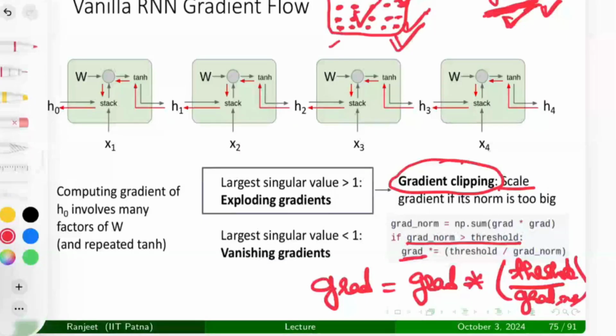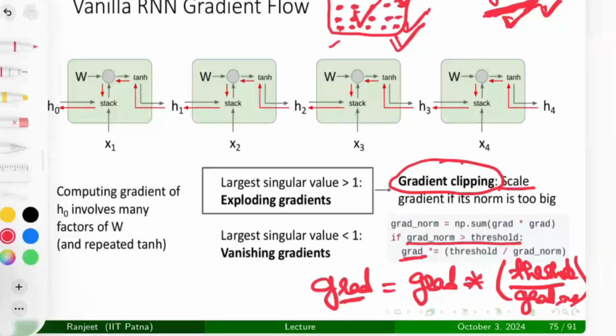Okay. So whatever gradient you have, you change it, because the norm of this gradient is surpassing or going beyond the threshold. That means we are in danger, because if you are going beyond the threshold, it may lead to the exploding gradient.